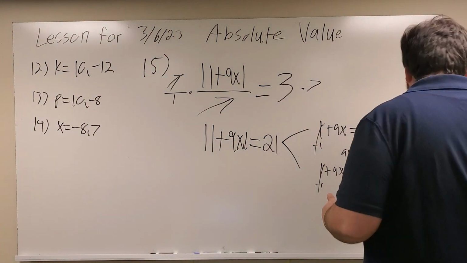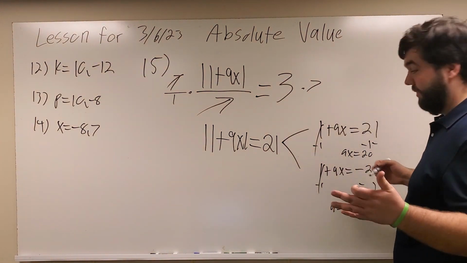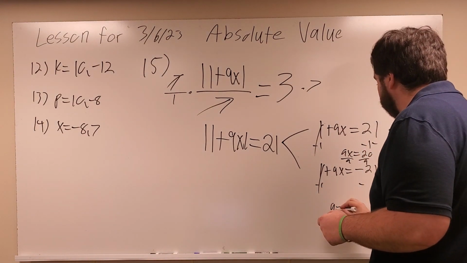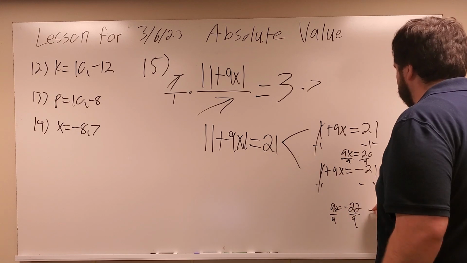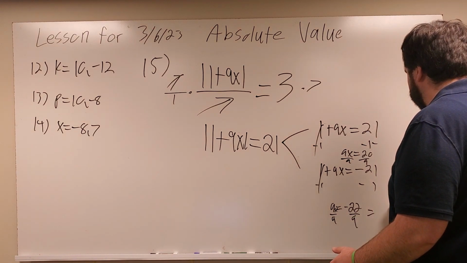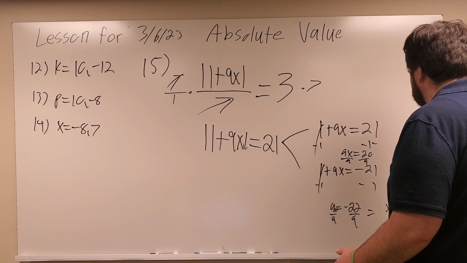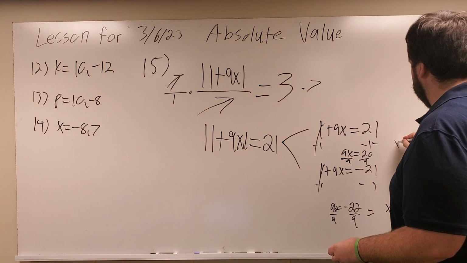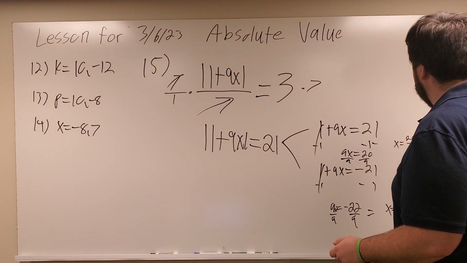We divide both sides by 9 in both problems. And our final answers here are x equals negative 22 over 9. And over here we get x equals 20 over 9.